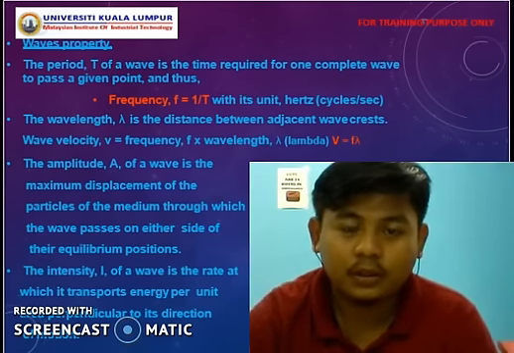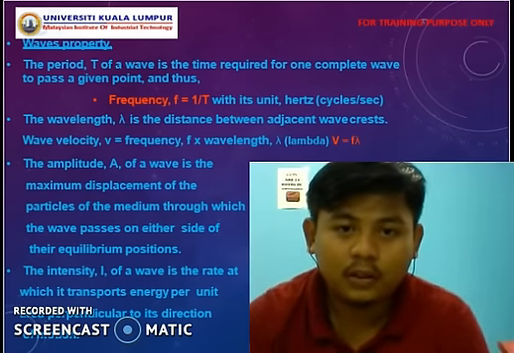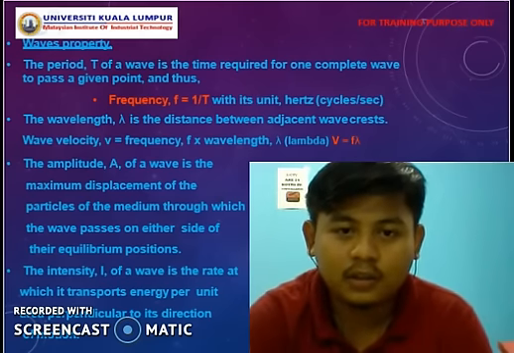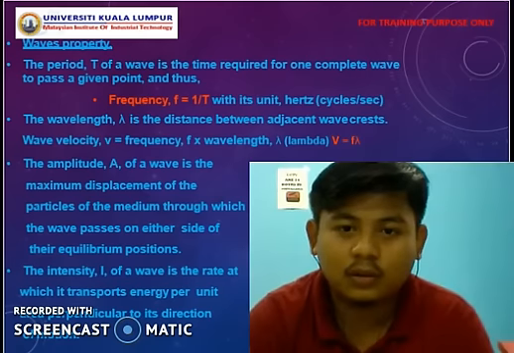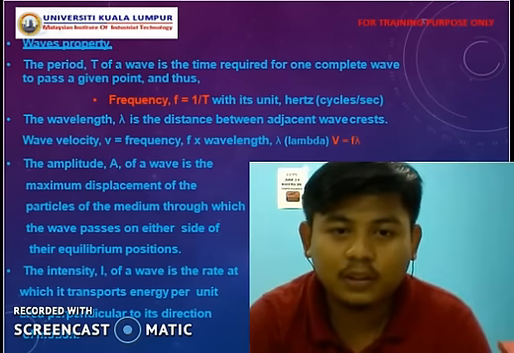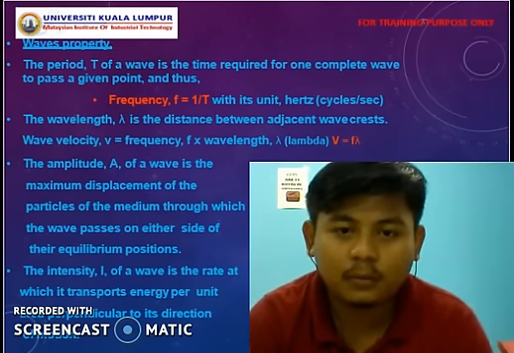Wave property. The period T of a wave is the time required for one complete wave to pass a given point, and thus frequency F equals 1 over T with its unit hertz or cycles per second. The wavelength lambda is the distance between adjacent wave crests. Wave velocity V equals frequency F times wavelength lambda.